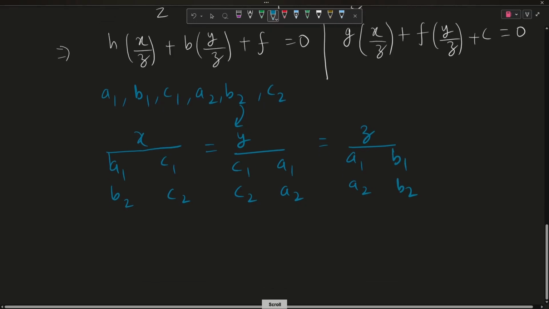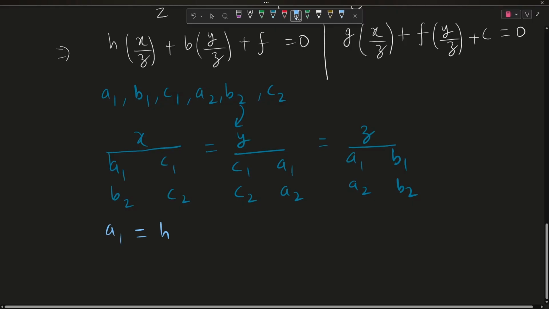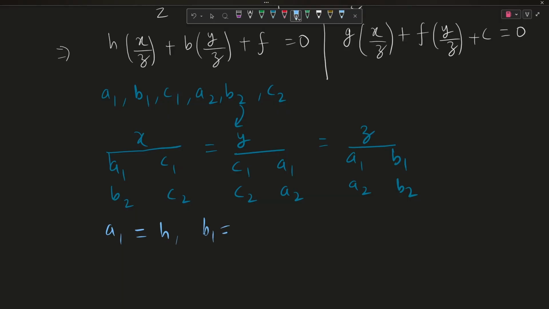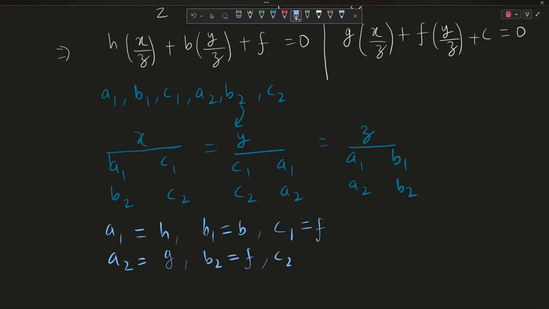So we need to get the values. So a1 is equal to h for the second case. I'm writing this for the second case, as you might be continuing with the video. a1 is h, b1 is b, c1 is f, a2 is g, b2 is f, and c2 is c.